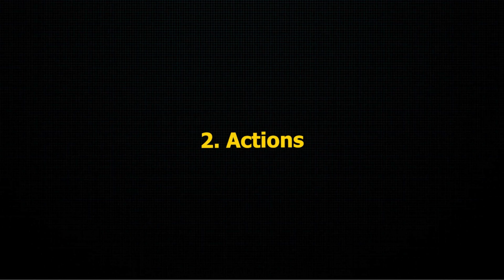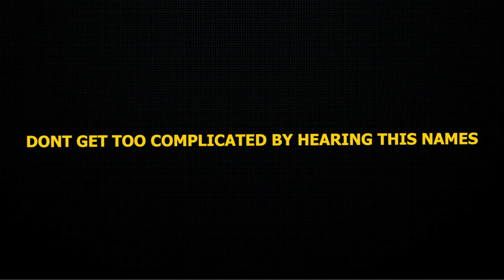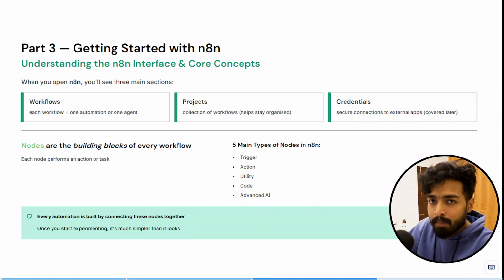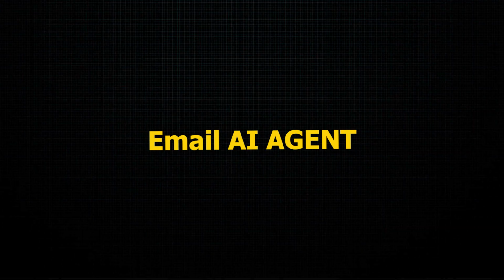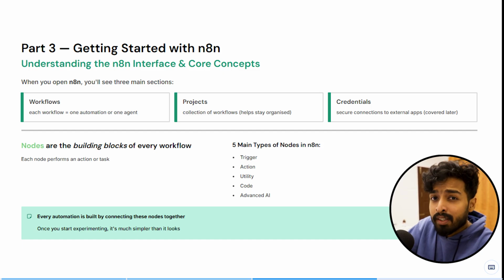The second one is actions. The third one is utility. The fourth one is code. And the fifth one is advanced AI. You don't have to get too complicated by hearing the names. Like I told you, once you start using them, it's easier than you think. And in this video, we are not going to use all of them. We are just simply building an email AI agent, which I told you, anyone can build.